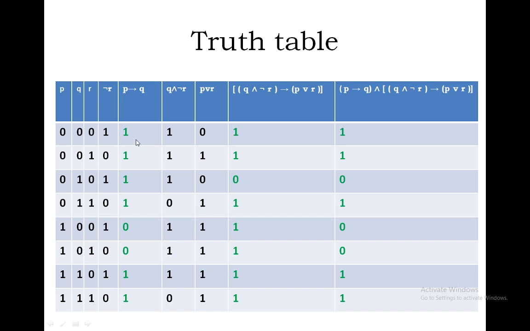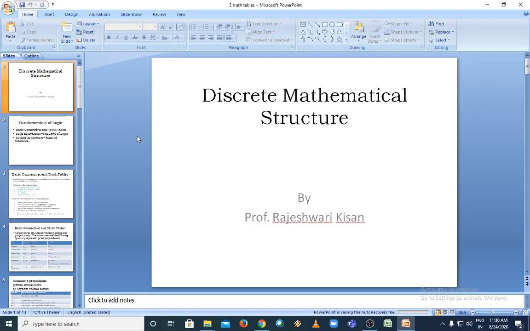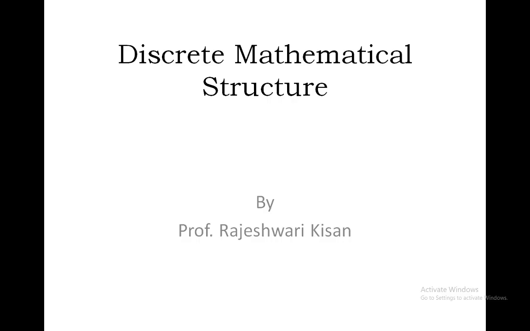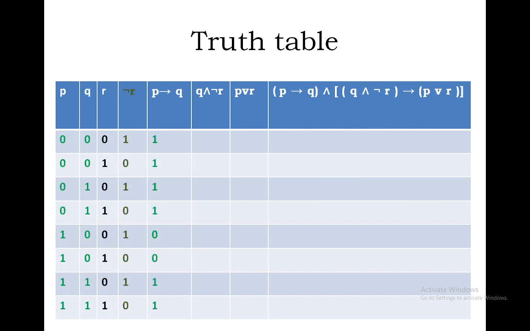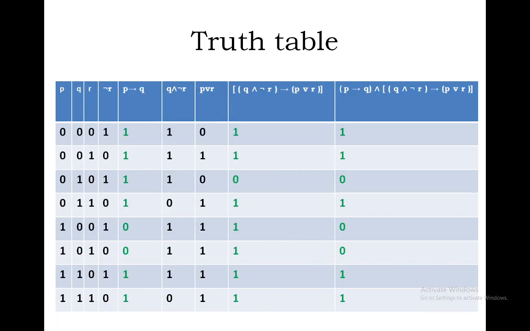So look at the combinations and fill in the values. This is how we write a truth table.